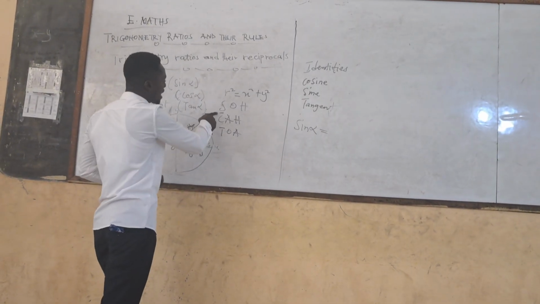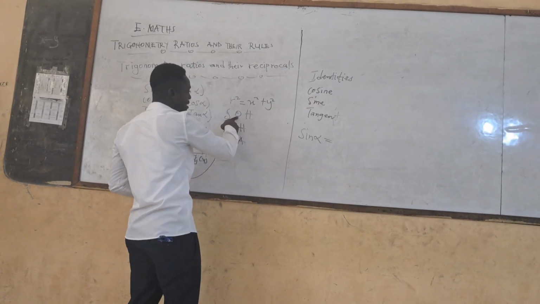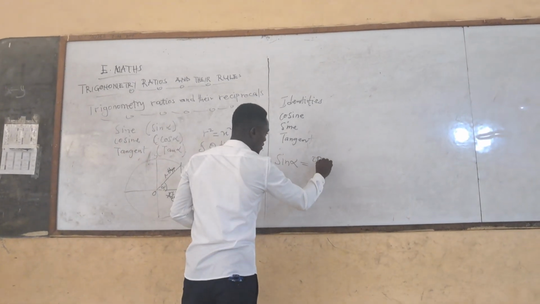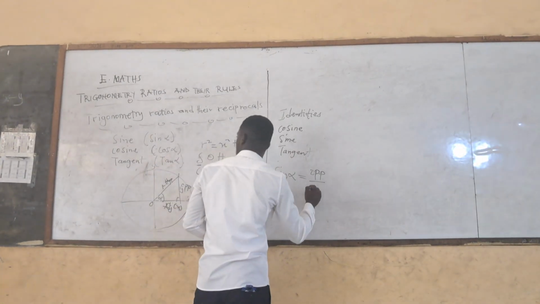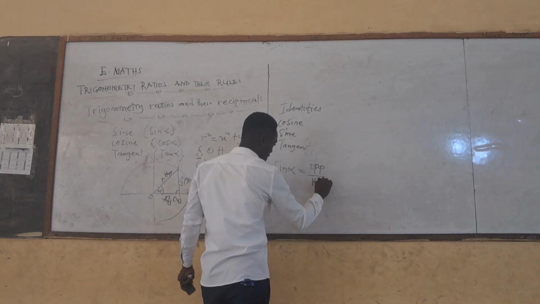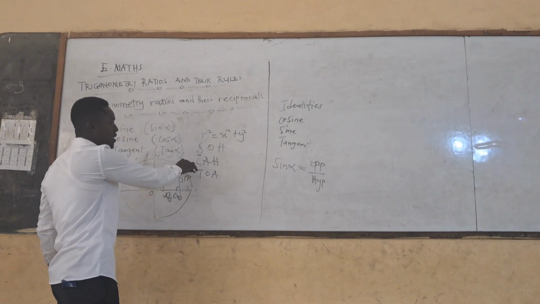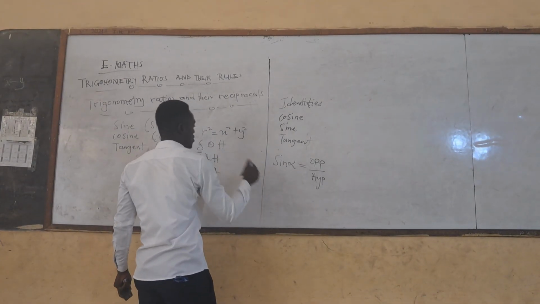So sine, which is the first letter, S, put opposite, which we have here, over hypotenuse. Then let's look at cosine, which in short form is cos.